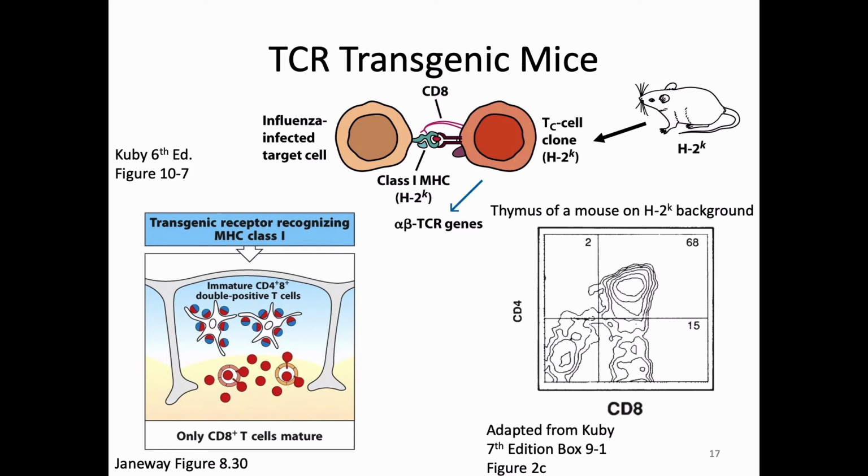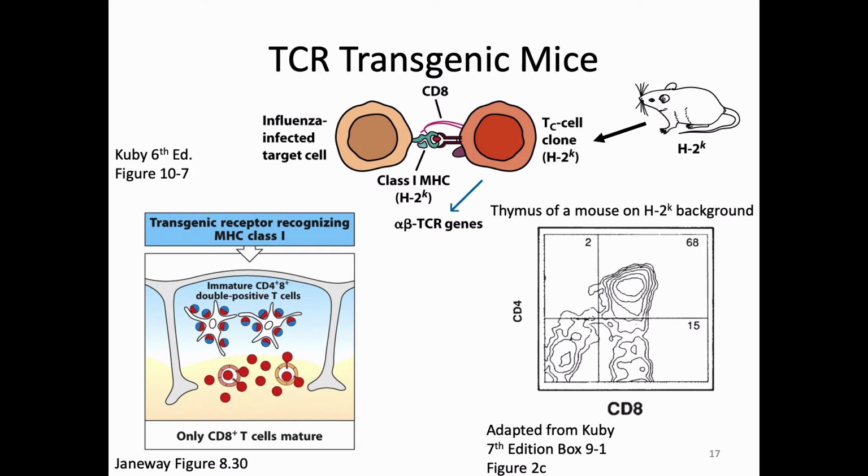That's because 100% of the T cells are going to make this alpha and this beta chain. And when those T cells, which had the transgenic receptor recognizing class 1, started developing in the thymus, they were double positives. They tried to test, and the only ones that actually worked were ones that had CD8 and could grow up to become this kind of T cell.